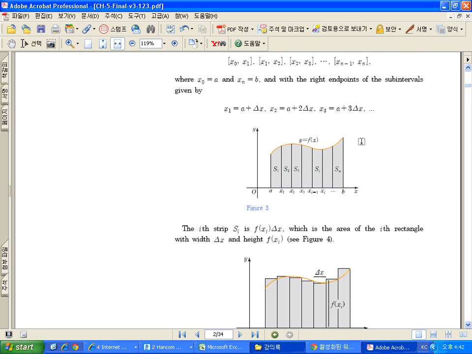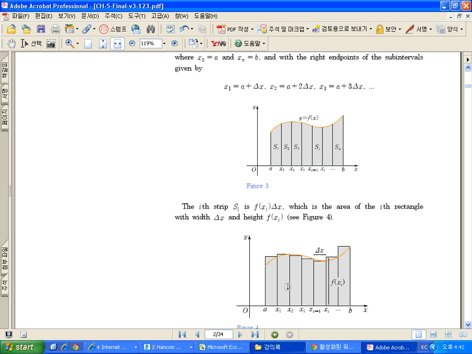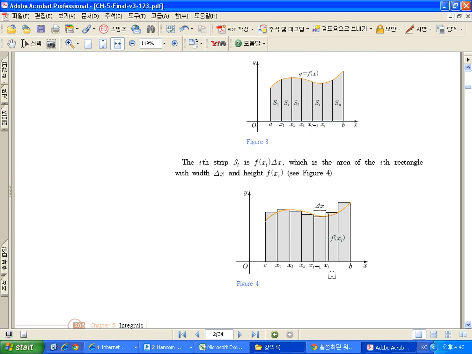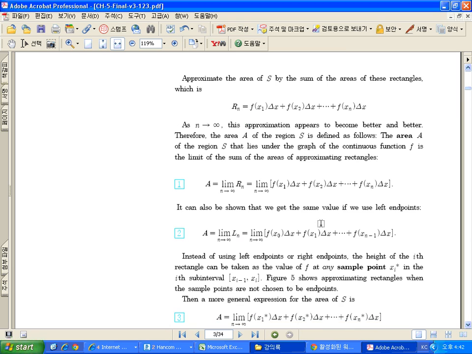If you want to find the area here, then you divide it and make approximating rectangles, find the area of the rectangles and add up. Then you make more and more rectangles to get a better approximation.